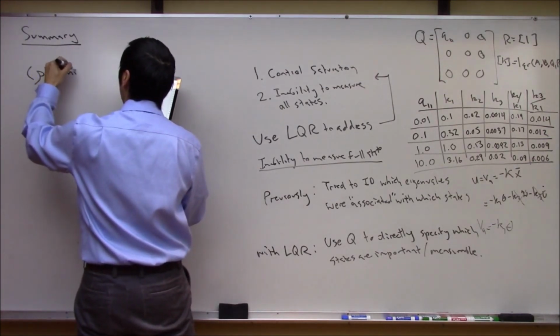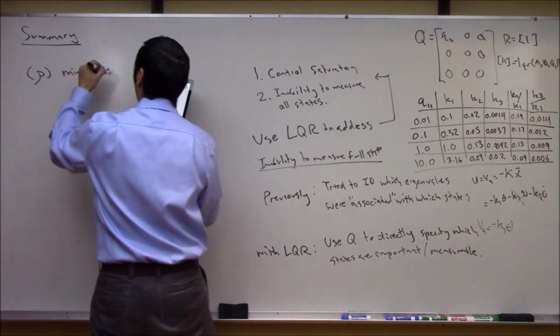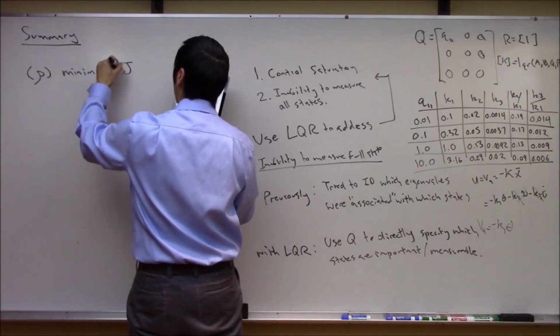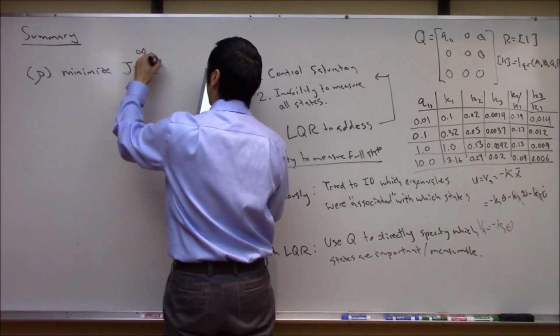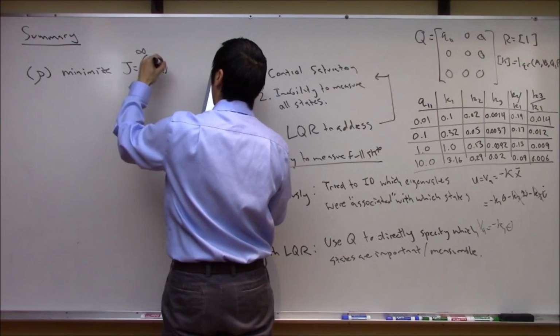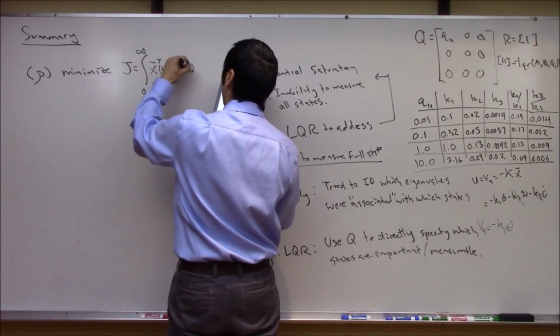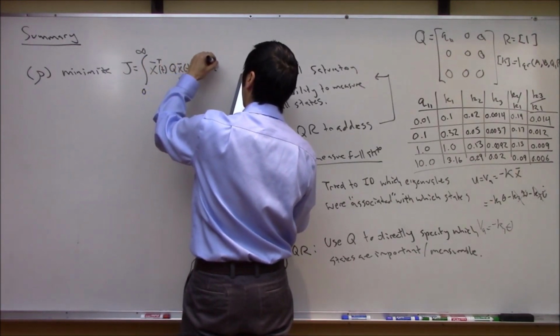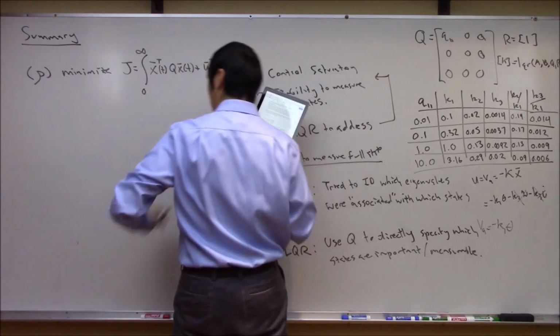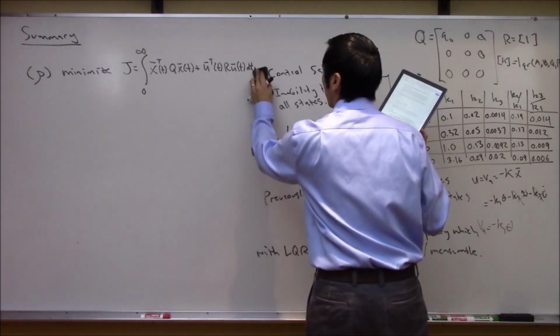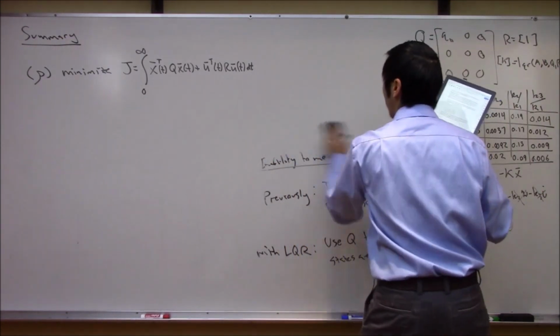We said that the whole deal with where LQR came from is we wanted to minimize this cost function J, which was the integral from 0 to infinity of x transpose Qx plus u transpose Ru dt, right? Let me get rid of some of this other stuff so we can have a nice summary slide.